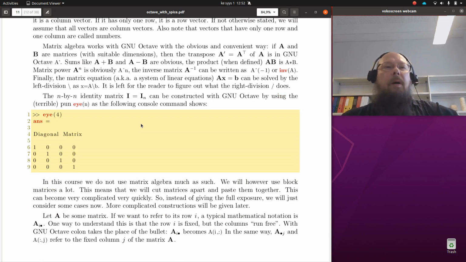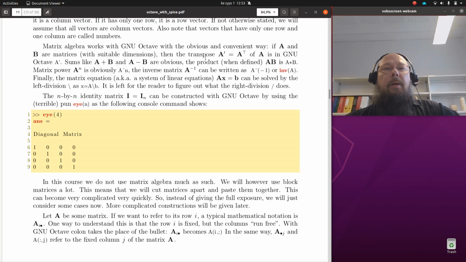So now a little bit of stuff on how convenient GNU Octave is with matrices. The matrix algebra that you have learned, hopefully, in a linear algebra course or something like that, works in the obvious and convenient way with Octave. So for example, if A and B are matrices, and we assume they have suitable dimensions.